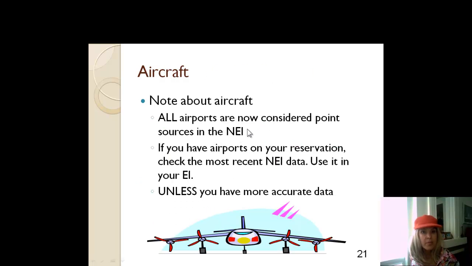So again, this is something relatively new. Most NEI data already has aircraft emissions already quantified. It may be that you've got a small airport and you have more accurate data in terms of the number of takeoffs and landings, but probably not, in which case you could just use the NEI data.